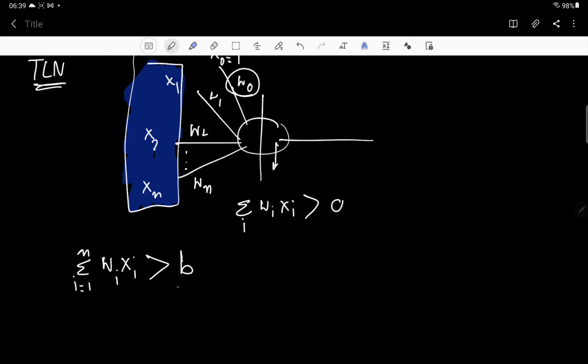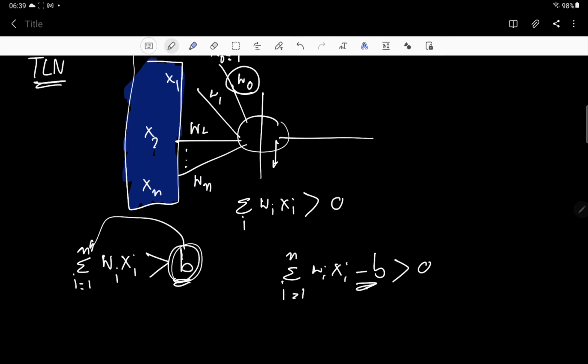Many people don't like this one because it's like another constant. So they move it back here, and it will be the summation for i is 1 to n of wixi minus b greater than 0. But this one is a constant.